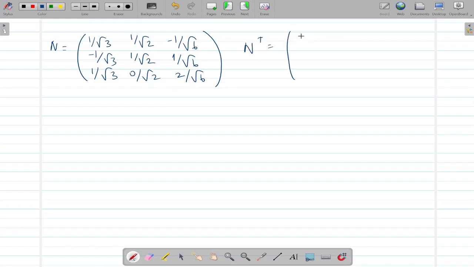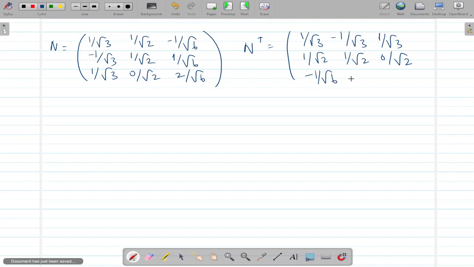Transpose means rows become columns and columns become rows. So 1 by root 3, 1 by root 3, 1 by root 3, 1 by root 2, 1 by root 2, 0 by root 2, minus 1 by root 6, 1 by root 6, 2 by root 6. So next to find AN.